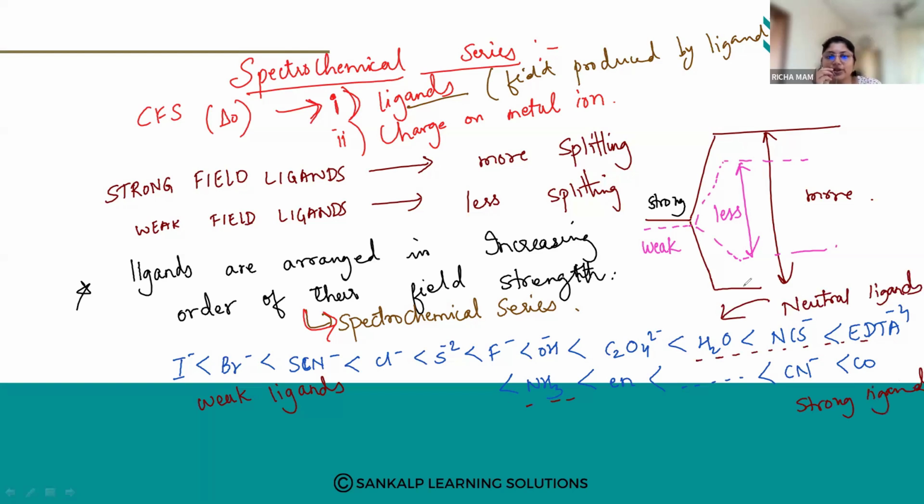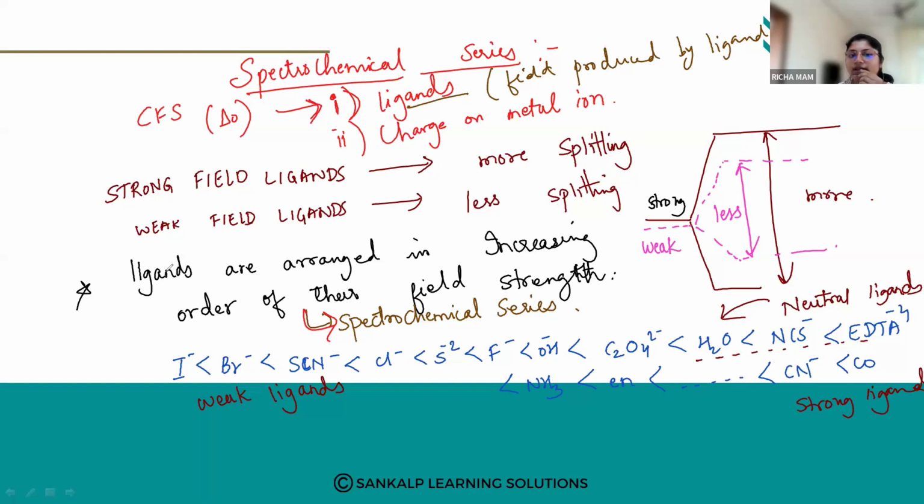Water, ammonia. Sorry, ammonia is a strong field ligand, right? So yes, water and all, it is a neutral ligand. So like this is your crystal field theory about your spectrochemical series. Okay, any doubts? So ammonia is the strong field. Okay, so this is the spectrochemical series.